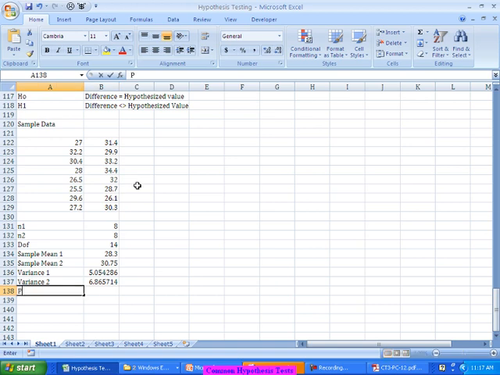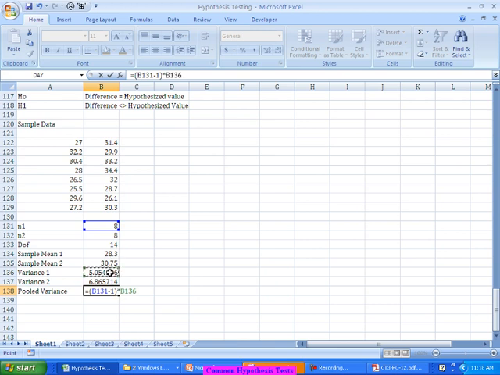From here I can even find out the pooled variance, for which we have the formula: n1 minus 1 into s1 squared, which is the variance of the first one, plus n2 minus 1 into s2 squared, this entire thing divided by n1 plus n2 minus 2.